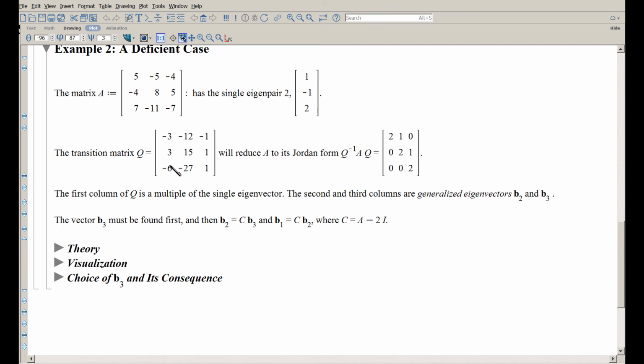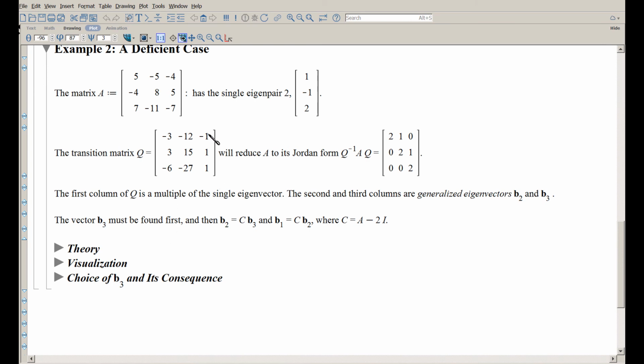Now, this first column is a multiple of this one eigenvector. These other two columns are called generalized eigenvectors. How does one determine all of this, the generalized eigenvectors and the matrix Q and so forth?